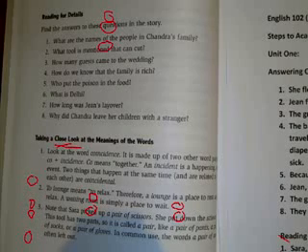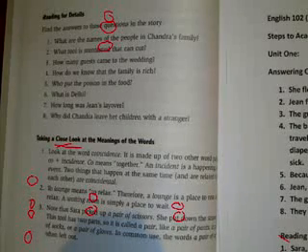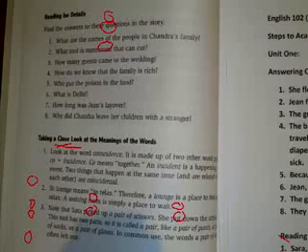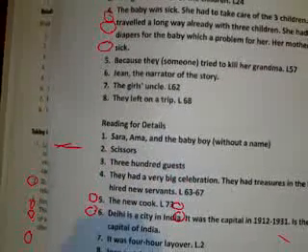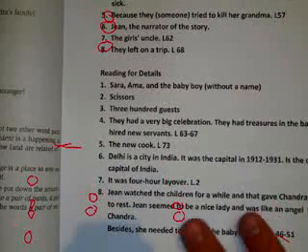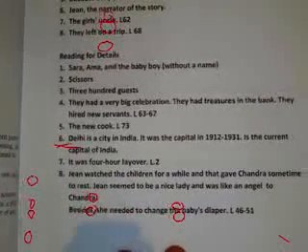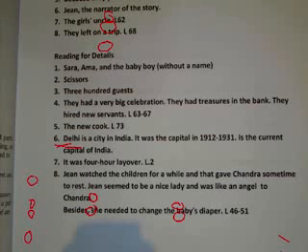Number 1. What is the answer to number 1? What are the names of the people in Chandra's family? What are they?